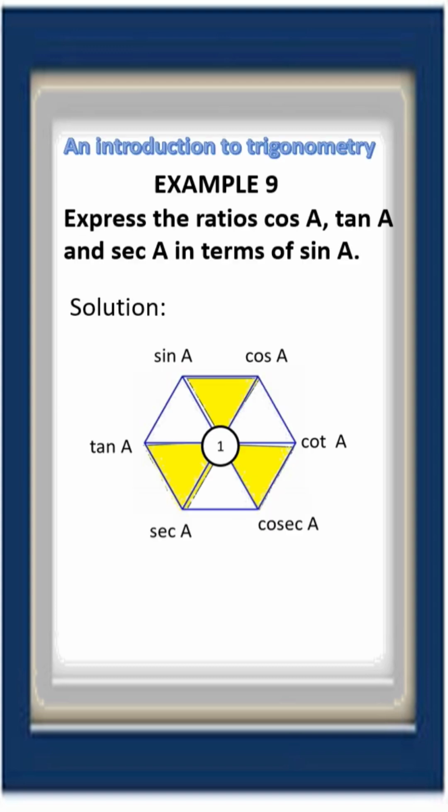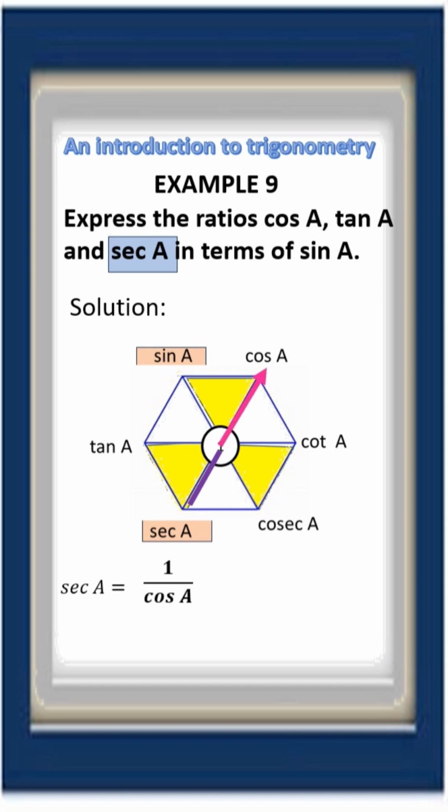Now let us express secant A in terms of sin A. Where is secant A? Where is sin A? What is the relationship between secant A and sin A? No, we don't have any direct relationship. But we know the relationship between cos A and sin A. We can write sin A in terms of cos A. So secant A is equal to 1 over cos A. Isn't it?